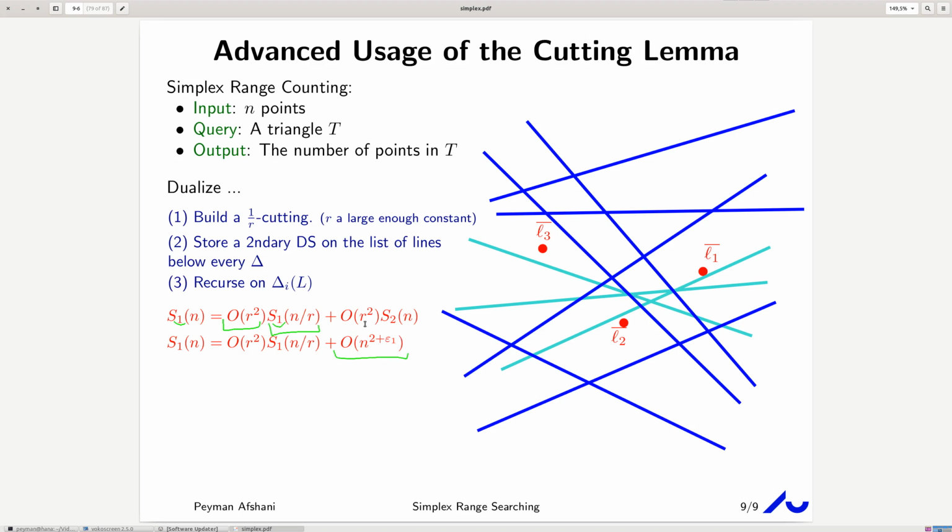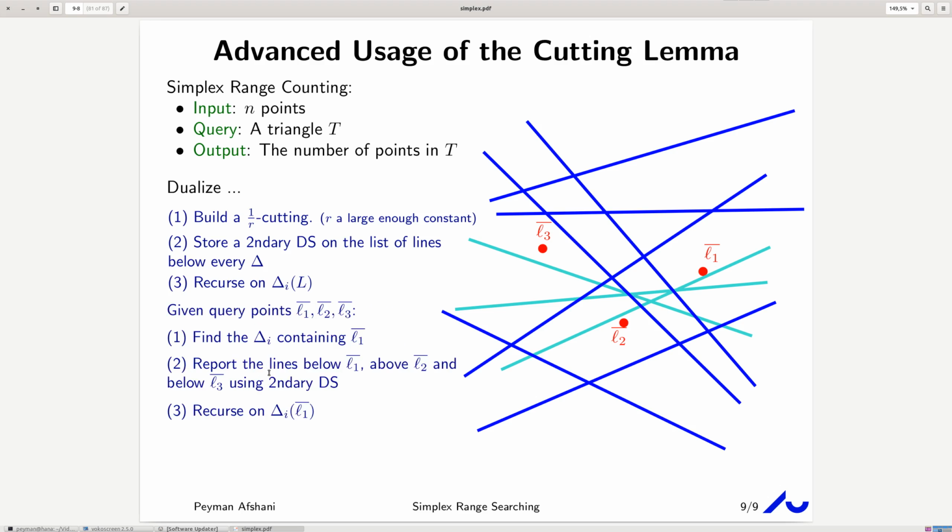Since r is a constant, r squared is also absorbed into the O notation. So it's enough that S is analyzed to be n squared plus some epsilon 1. And again, in the exercise classes, we're going to solve this recursion: for some fixed epsilon 1 and some large enough constant r, it solves to n squared plus epsilon 2.